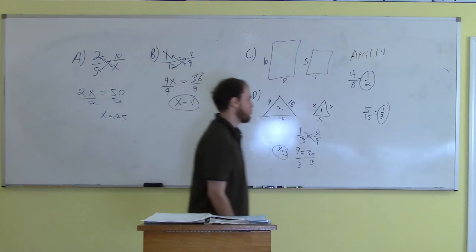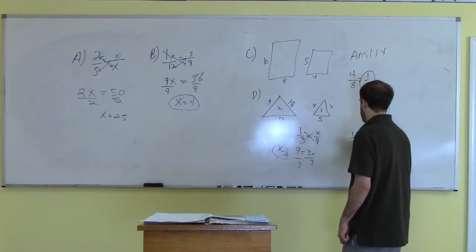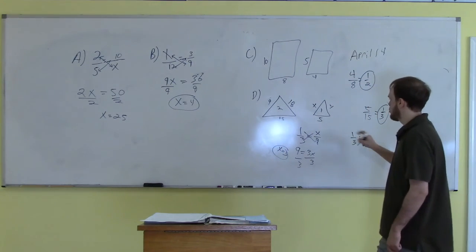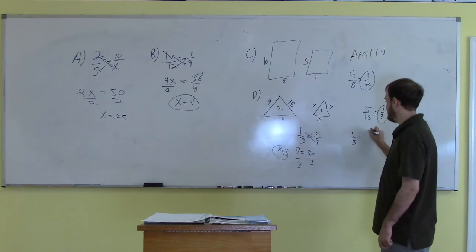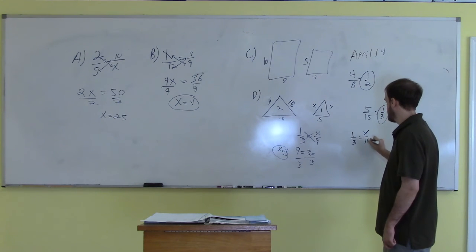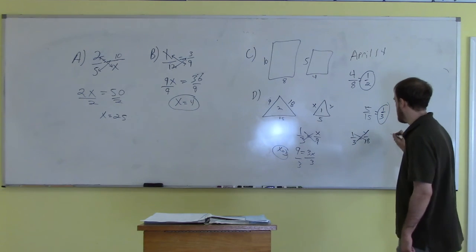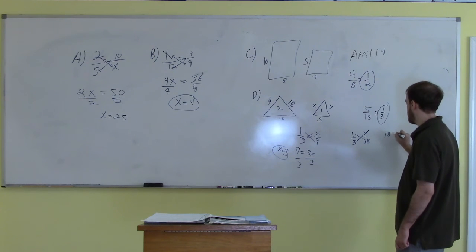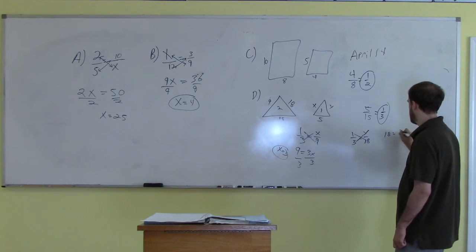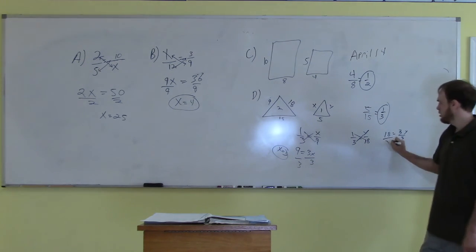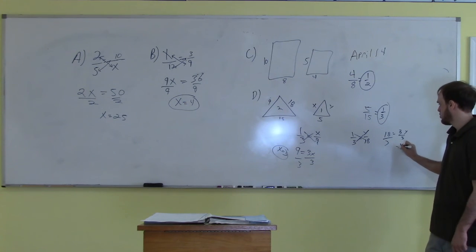Then the same thing for y. I'm going to do 1/3 equals y over 18. Cross multiply. I get 18 equals 3y. Divide by 3, and I get y equals 6. So my y would be 6.